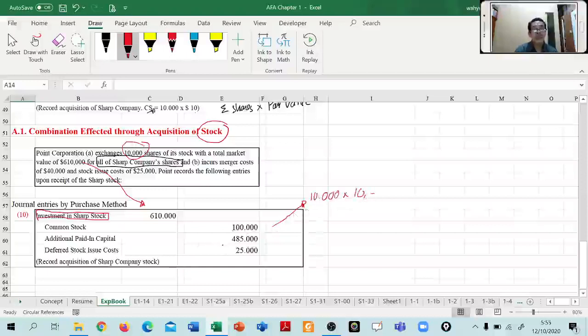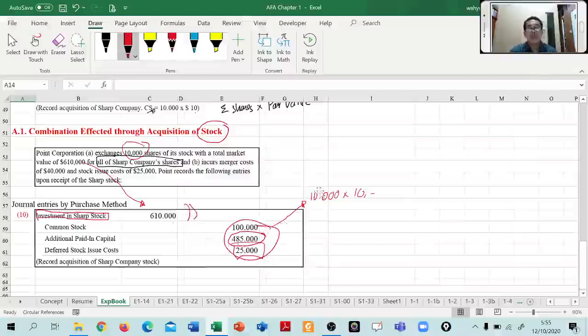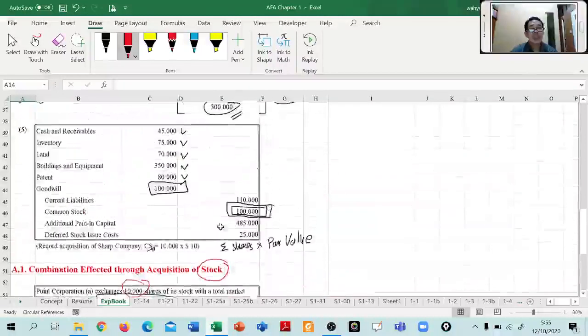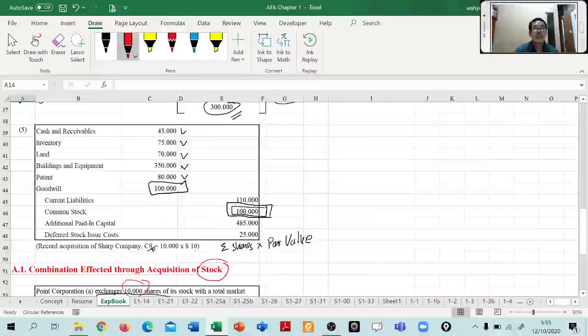And then deferred stock issue cost, and additional paid in capital is the difference between total debit and credit. This additional paid in capital is calculated the same as in the first journal. Additional paid in capital is the difference between total debit and credit.